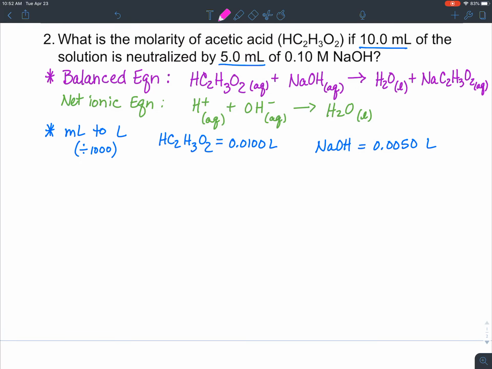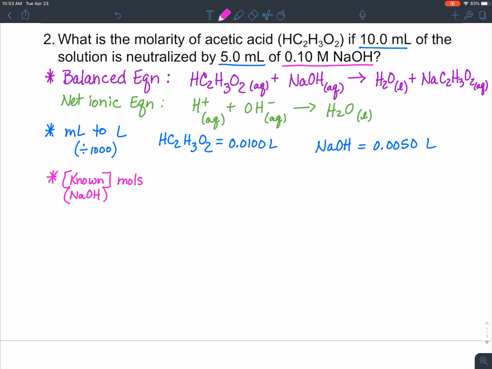The next thing that we're going to do then is determine the known concentration moles, which for us is going to be our sodium hydroxide. And so what we do is we take the concentration of our sodium hydroxide, which was 0.1 molar, and we're going to multiply that by our liters.